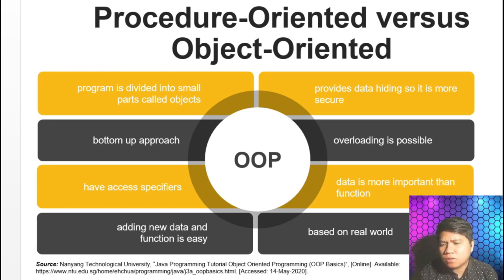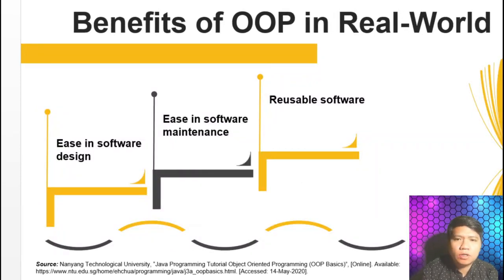So what are the benefits of OOP in the real world? Since OOP focuses on components rather than procedures as compared to procedural programming, it has the following benefits in real world. Number one, ease in designing software. Why? Because it leads to more productive software development.